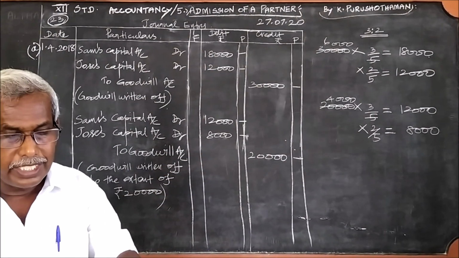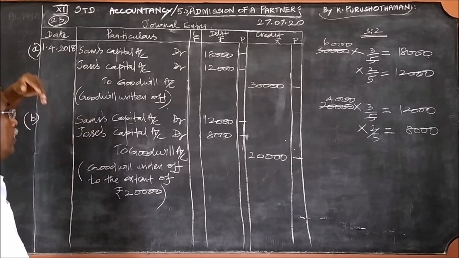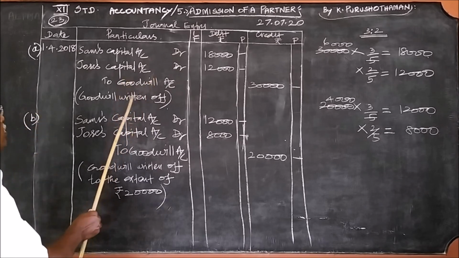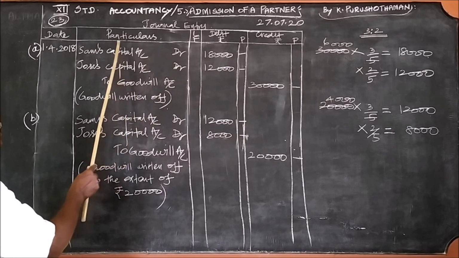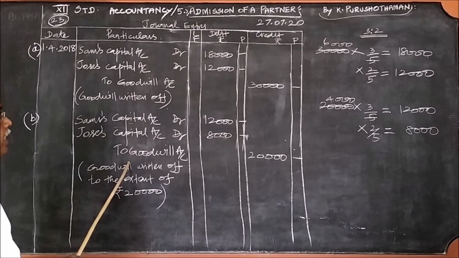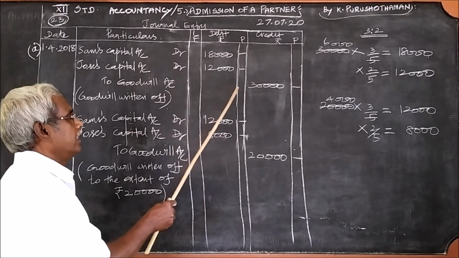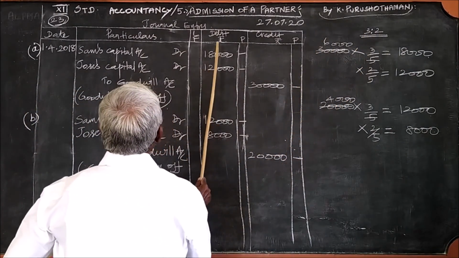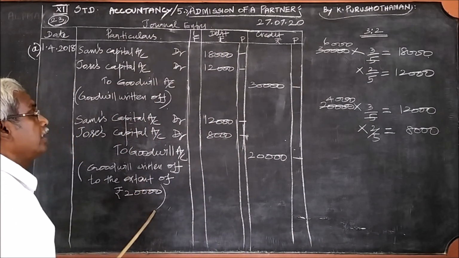Since the instruction here is the fluctuating capital method, the capital account will go to debit and goodwill to credit, the reverse. Here the two partners are Sam and Jose, therefore Sam's capital account debit, Joe's capital account debit, to goodwill account. In this, the total amount 30,000 was written off, therefore 30,000 into 3 by 5 and 2 by 5, that amount is written here. But here a partial amount only, to the extent of 20,000, is written off.